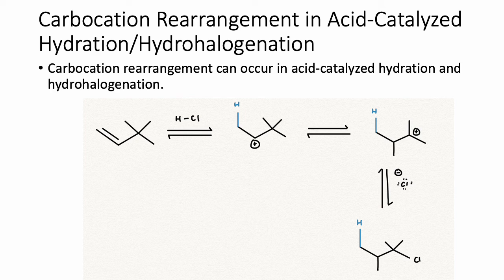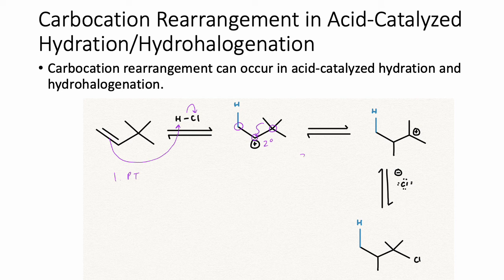Carbocation rearrangement can occur in acid-catalyzed hydration and hydrohalogenation. So let me give you an example. The first step, we're going to have a proton transfer, as we saw before. And here we have a secondary carbocation. It's secondary because it's attached to 2 other carbons. Now, instead of nucleophilic attack occurring right away, what can happen is this methyl group moves to this carbocation.